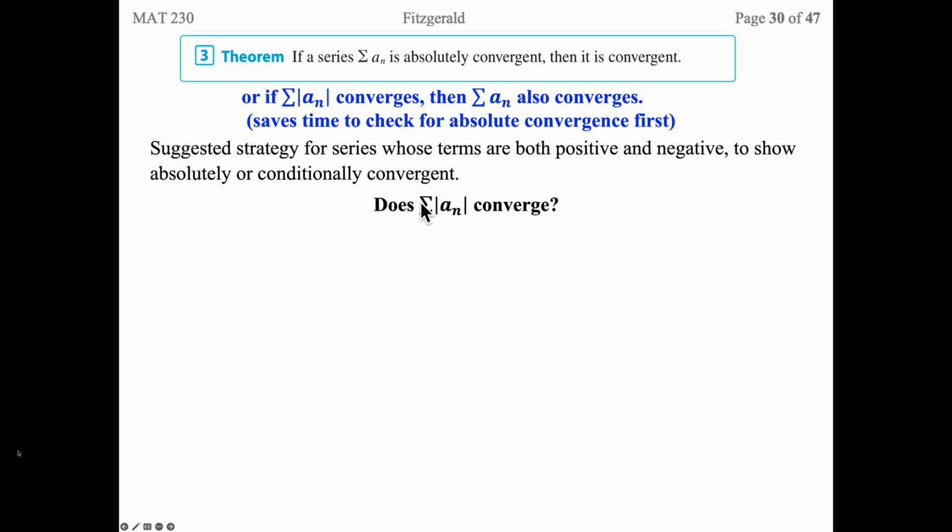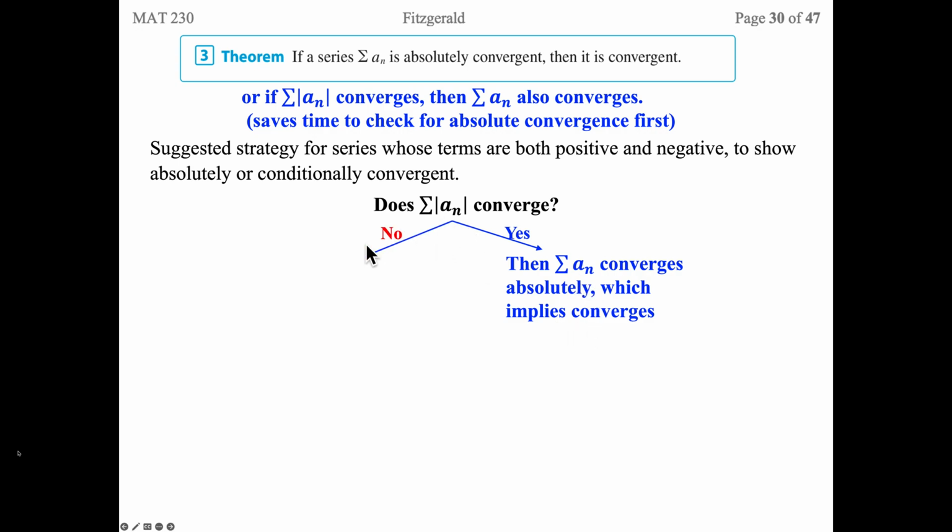So here's my absolute series. Does it converge? If we can say yes, then the original series converges absolutely, which implies the original series converges as well.